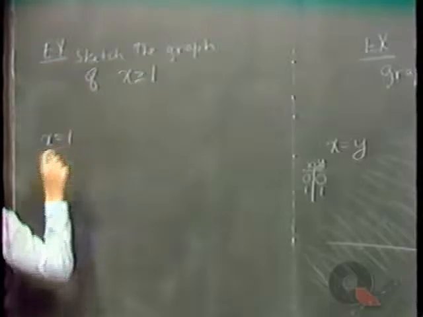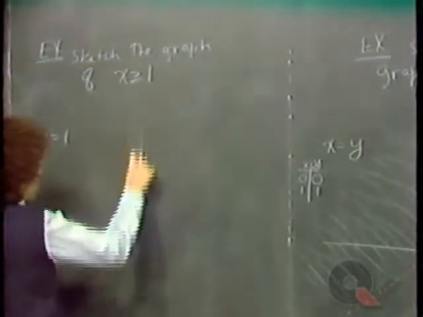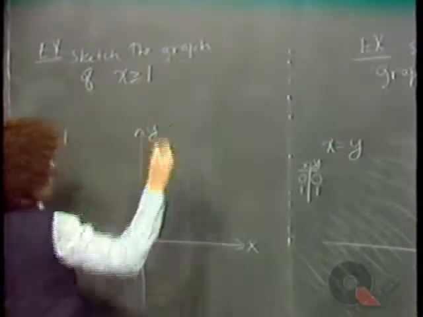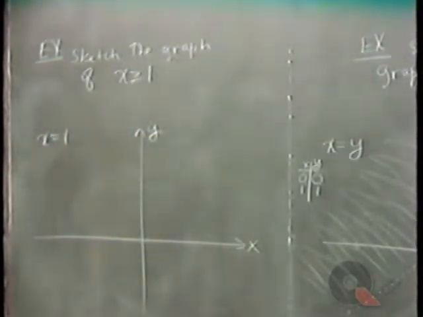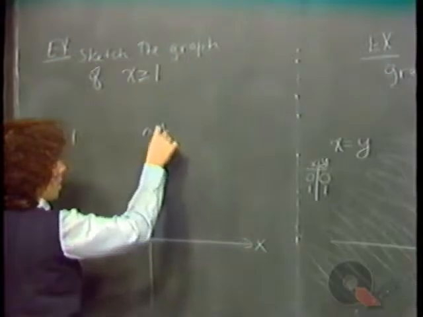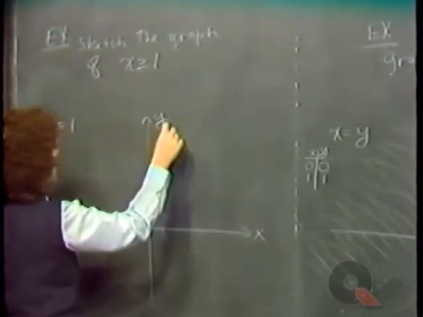Our procedure is still the same. We will graph the related line, x equals 1. X equals 1, of course, we recognize to be a vertical line, parallel to the y-axis, 1 unit to the right of the y-axis.